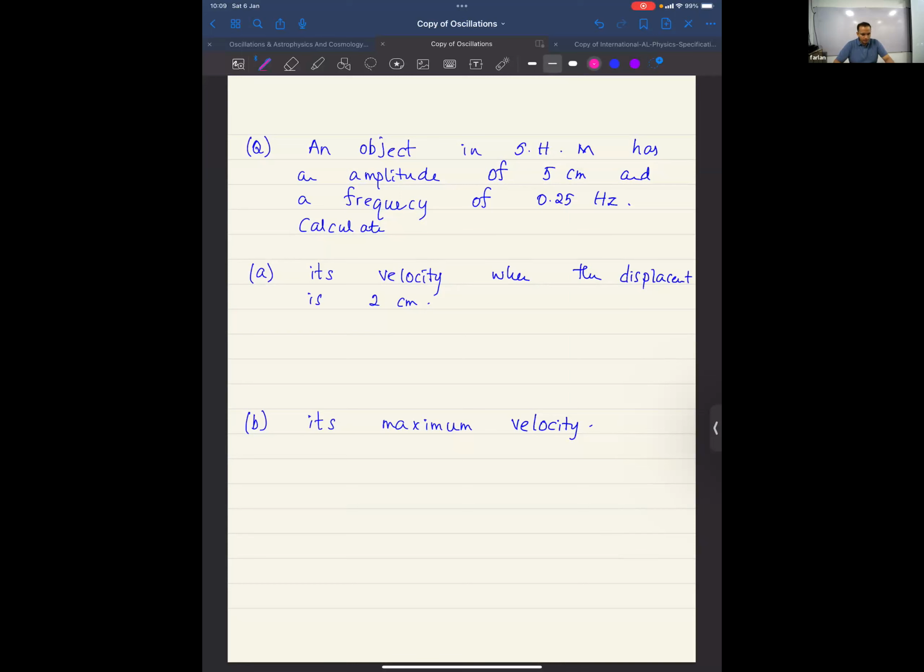Calculate its velocity when the displacement is 2 centimeters. That's part A. And part B is its maximum velocity.